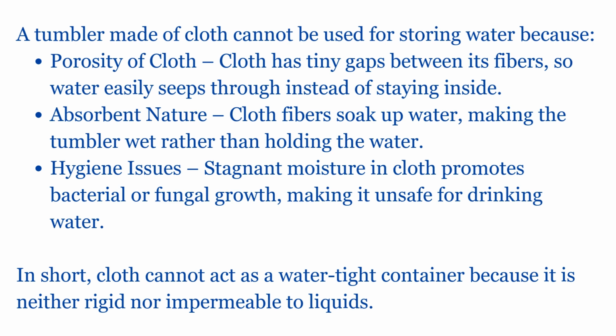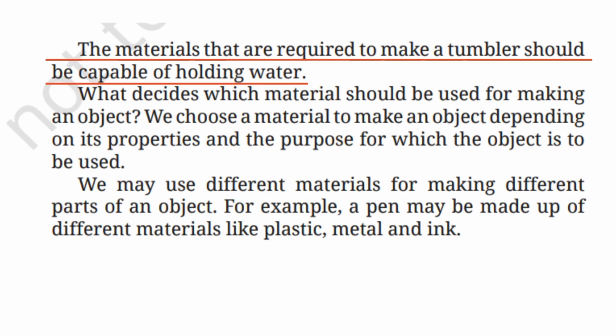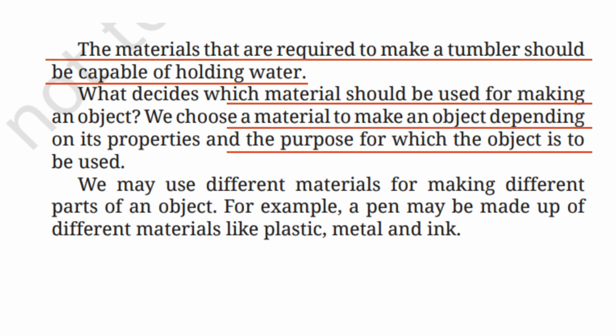And hygiene issues: stagnant moisture in cloth promotes bacterial or fungal growth, making it unsafe for drinking water. So, in short, cloth cannot act as a watertight container because it is neither rigid nor impermeable to liquids. So, the materials that are required to make a tumbler should be capable of holding water.